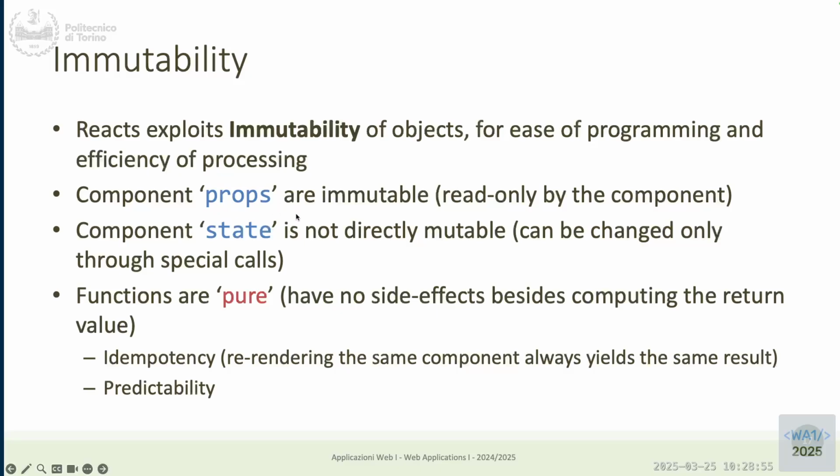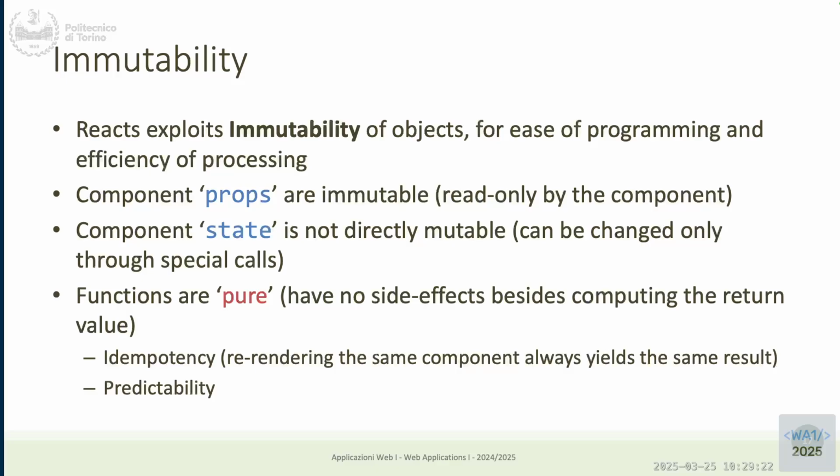But we have some constraints over the place and the way in which we can store information, because we must ensure that these functions are actually pure. So if I call the same function twice with the same props, if the state didn't change, they should recreate the same identical HTML code, the same identical fragment of the page.